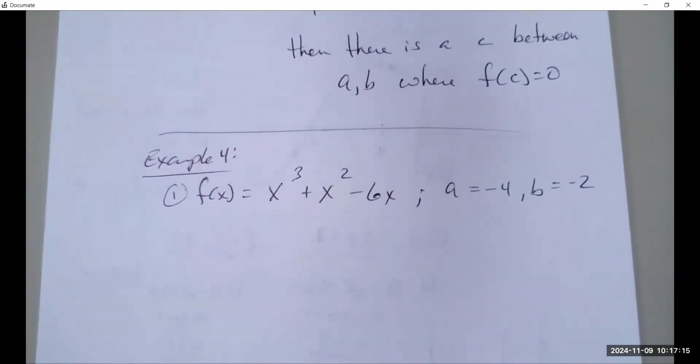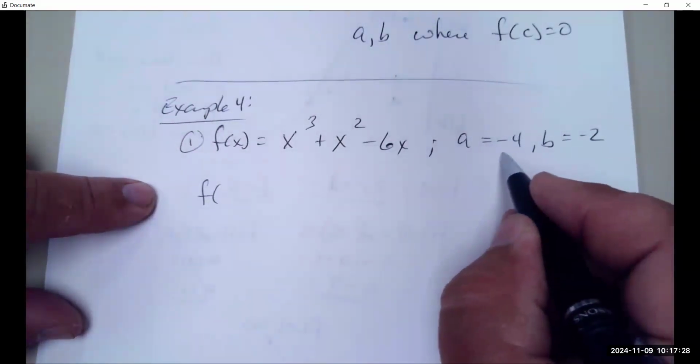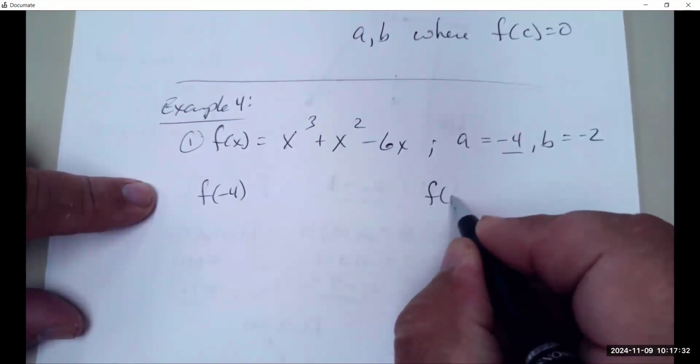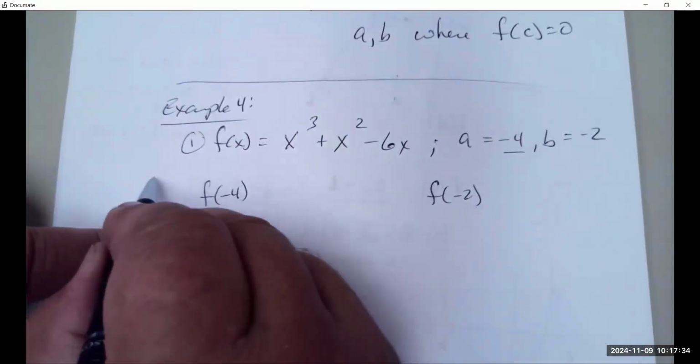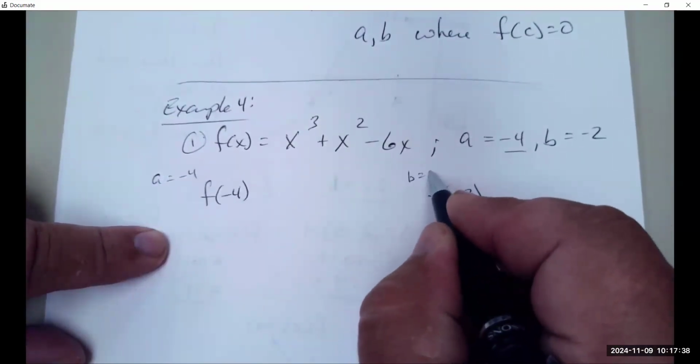Is there at least one real 0 between there? The only way you can be sure is if you put these endpoints in. This is f of A, and this is f of B.